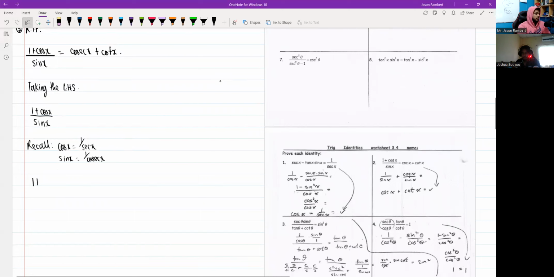So now I have 1 plus 1 over sec x, over 1 over cosec x. Agreed? Yeah? Cool. Now, I showed you the shortcut to add two fractions.